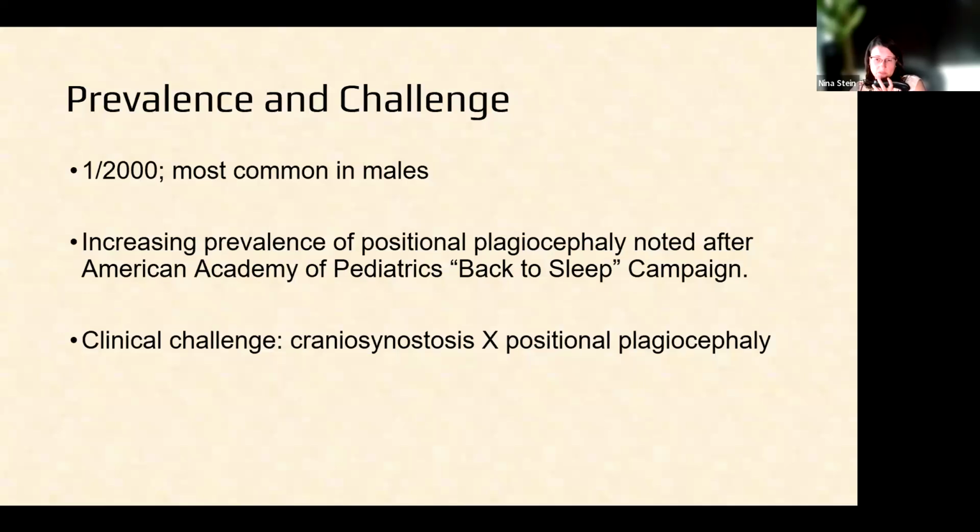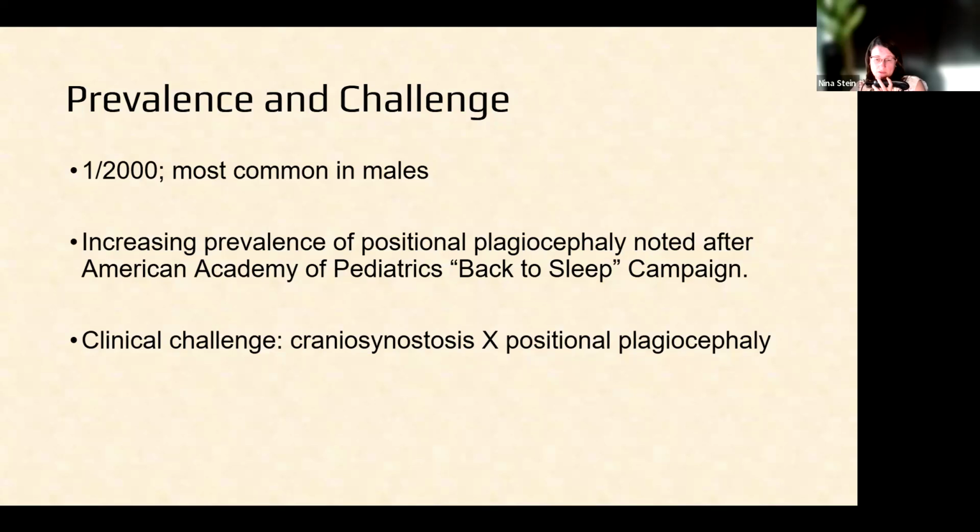And the problem comes with differentiating plagiocephaly related to craniosynostosis of the lambdoid or the coronal suture versus the positional plagiocephaly, which Dr. Ajani also mentioned. And what we noticed after the American Academy of Pediatrics started the Back to Sleep campaign, which was to prevent sudden death, asking people to put the babies in a supine position to go to sleep, is that the number of positional plagiocephaly went up.